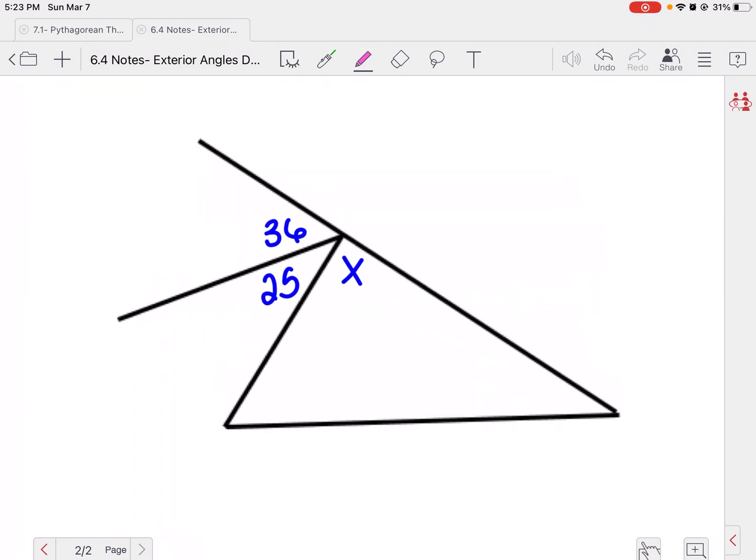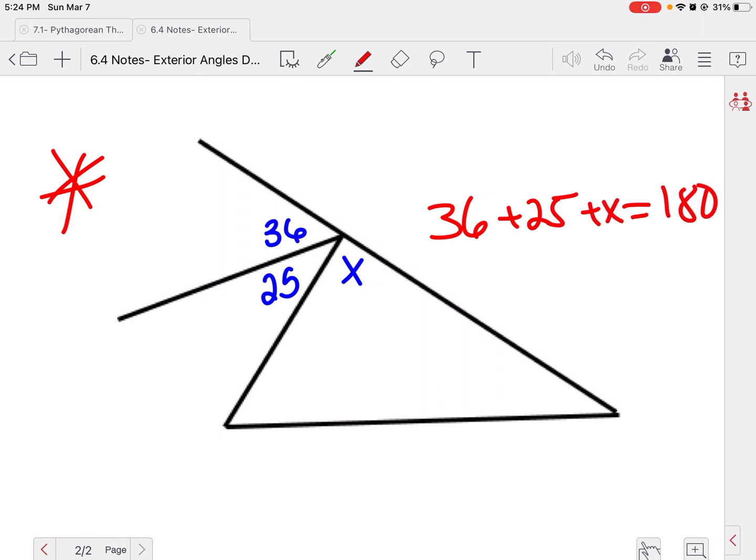If we know this one, then we just subtract from 180 to get the total. Okay? Let's look at this one. So we have some exterior angles of a triangle here. Go ahead, take a guess and see what you come up with. Well, I know that 36 plus 25 plus x all has to equal 180. And you might have done some of this without actually writing the equation down, and that's totally fine. But I'm going to do 36 plus 25 is equal to 61.